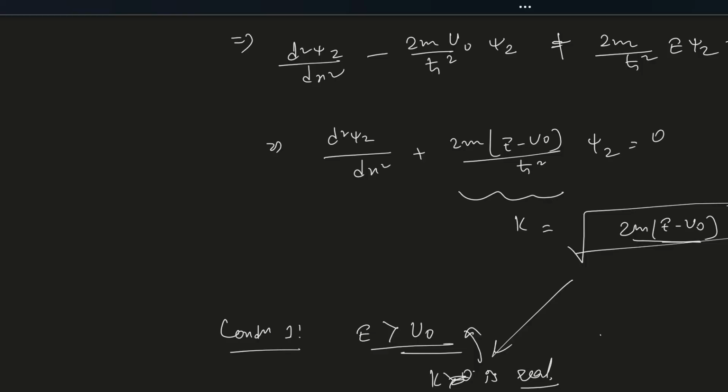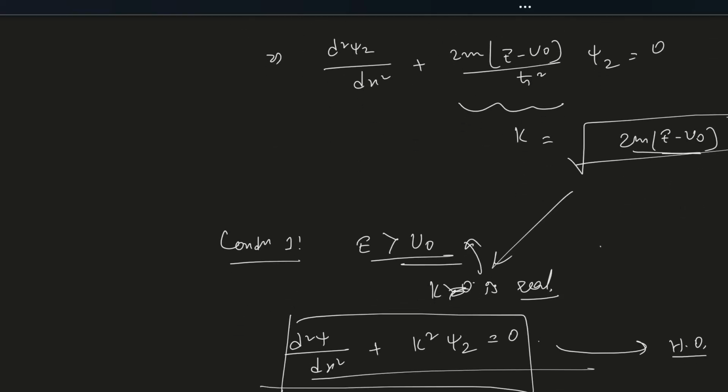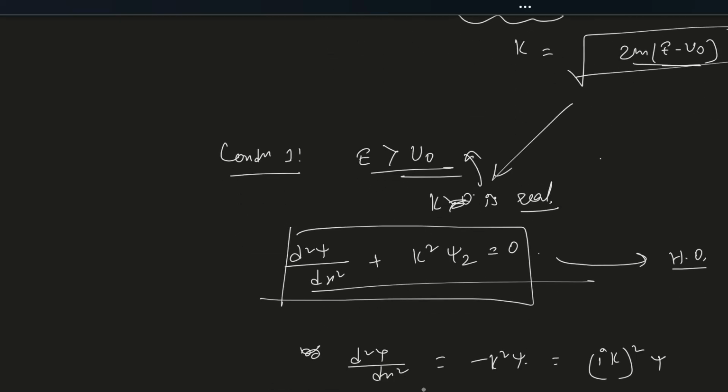This is straightforward, the harmonic oscillator type of equation, right? And the solution is also known to us, that d2 psi dx2 equals minus k squared psi, equals (ik) whole squared into psi, because minus comes from i squared, so that is why we have taken it in a closed (ik) whole squared form.